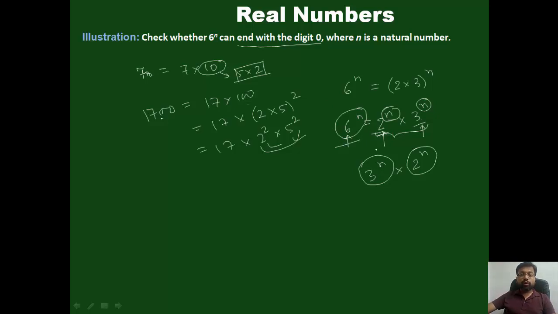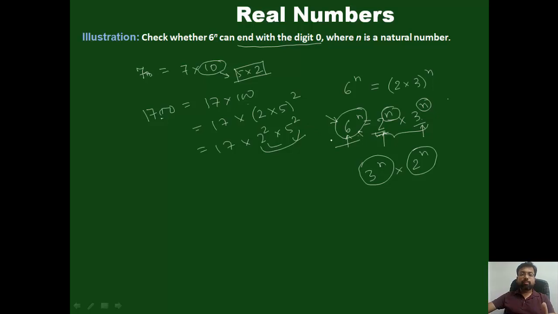From the fundamental theorem of arithmetic we know that a composite number can be split into its positive integral powers of prime factors, and that factorization is unique. That means nobody can get any other prime factor besides these two. So besides 2 and 3 there cannot be any other prime factor, which means 5 is not there. And if 2 and 5 are both not there, the number can never end in a 0. So we can say here that 6 to the power n will not end in a 0.